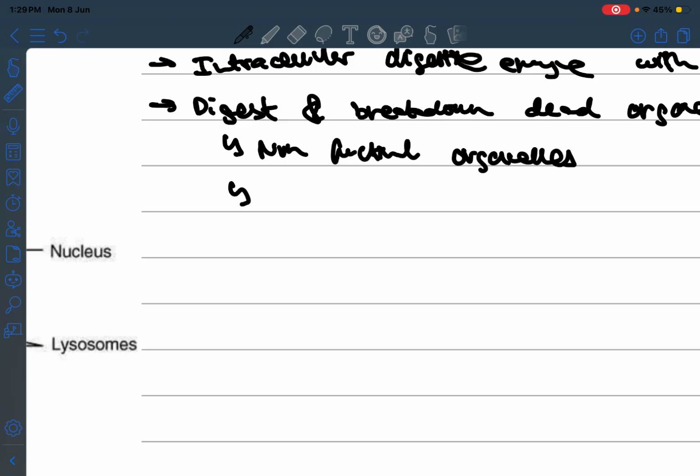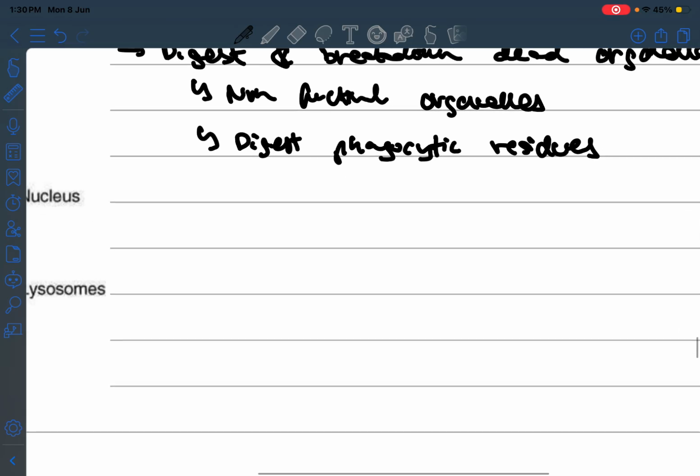Even after phagocytosis, the remaining particles left by the phagocyte are usually digested by the lysosome, so they digest phagocytic residues. That's one way I can think of mentioning it. Even worn out organelles and cells, worn out cells.